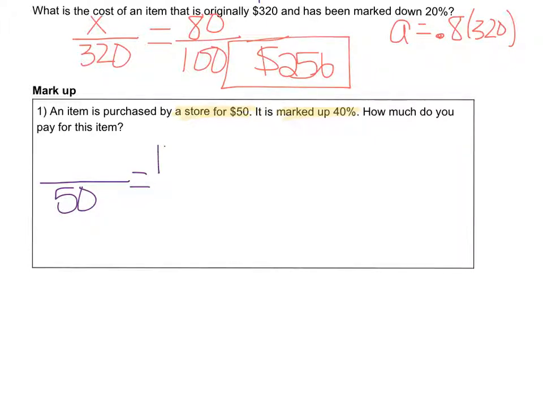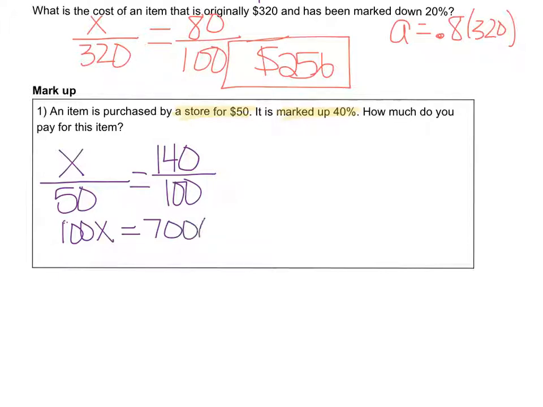So you're paying 140%. You're paying the 100% that the store paid, and then you're paying the 40% extra to keep the lights on and pay the people. And you'll put 100 on the bottom, and you can put X there. So we'll go ahead and we'll cross multiply and solve. It's going to be 100X equals 7,000, and X equals, so you're paying $70.